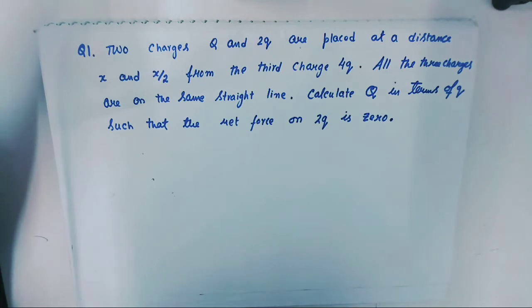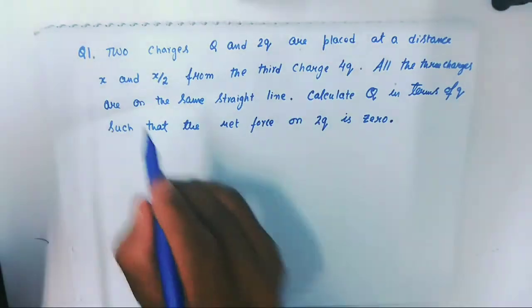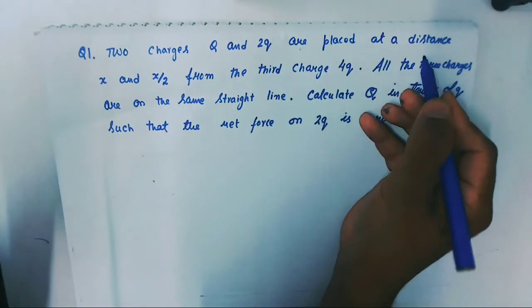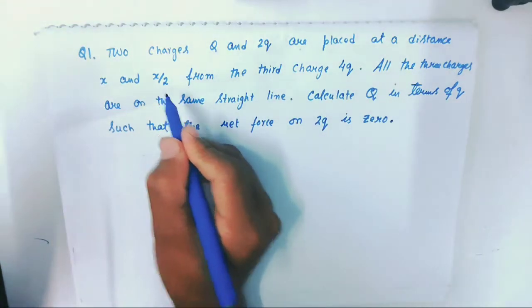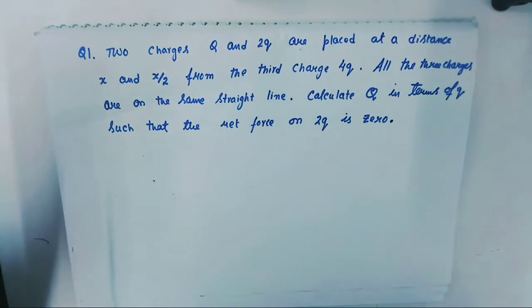In this lecture, we will discuss some of the numerical problems from the chapter of electrostatic force and electrostatic potential. So the first question says like this: two charges Q and 2Q are placed at a distance x and x by 2 from the third charge 4Q.